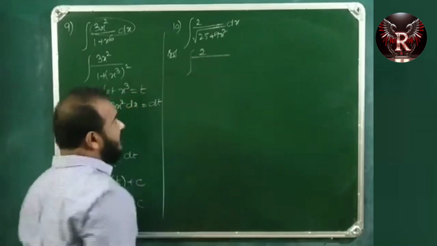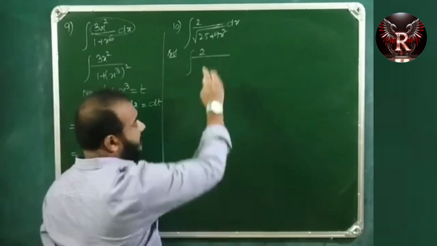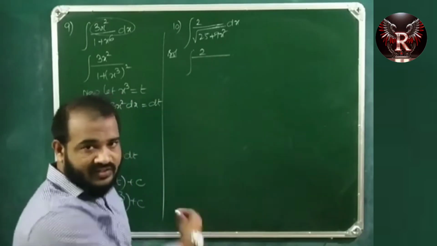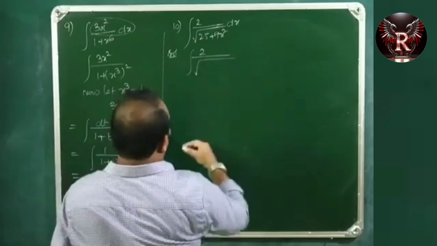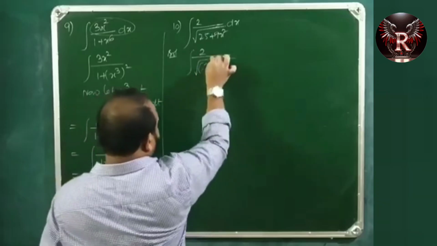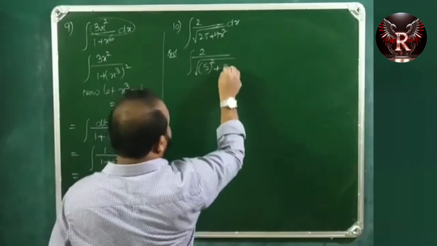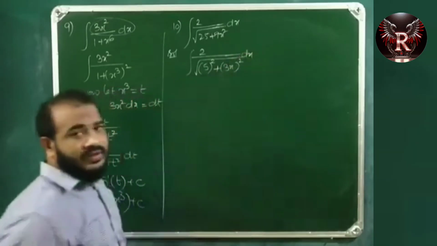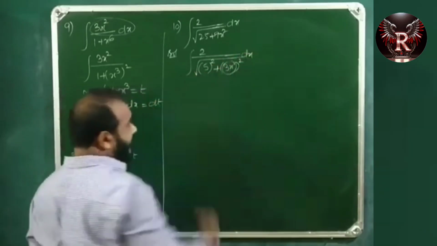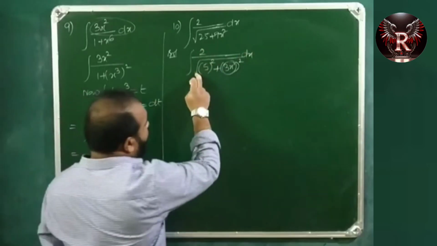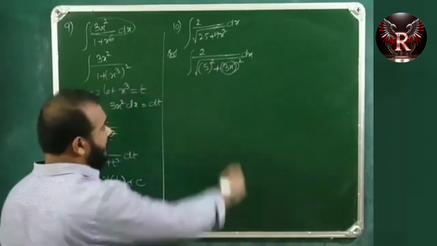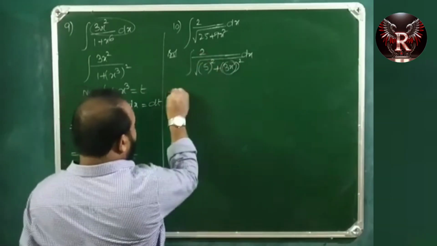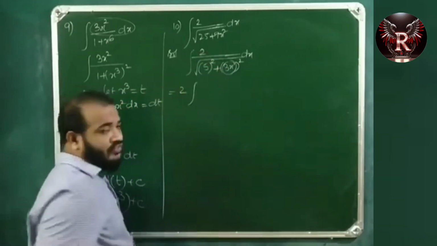Otherwise, without taking the x square coefficient 9 as common, we can also proceed like this. What I am doing is 25 is 5 whole square plus 9x is 3x whole square dx. Now if you take 3x as x, then it will become 1 by root of a square plus x square dx. So for the time being, let us take it as x. Then 2 I am separating from the process of integration.